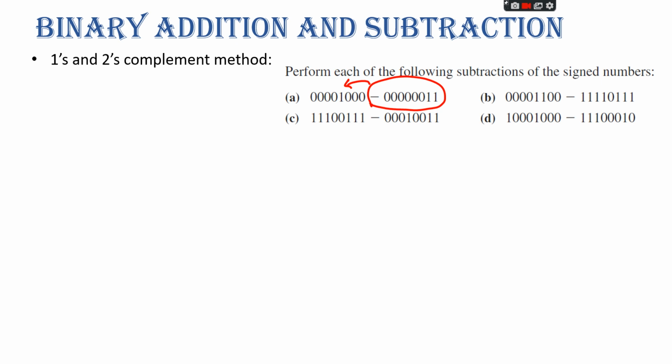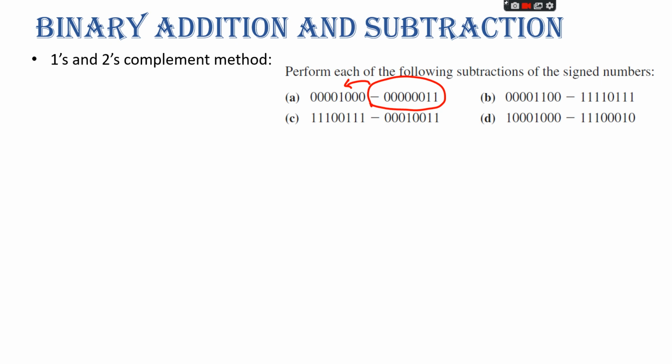Once they have converted the number into its 2's complement, they just add it to the previous number, and by adding, they get the result of the subtraction.